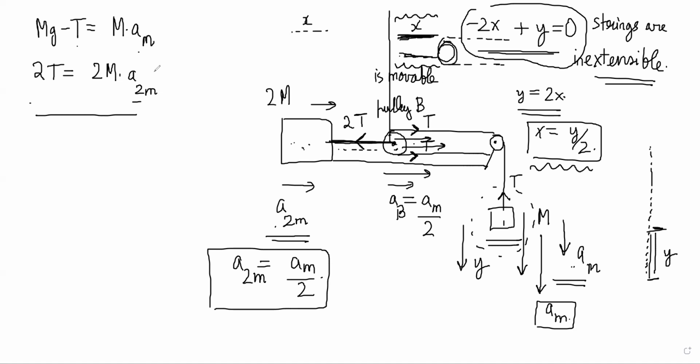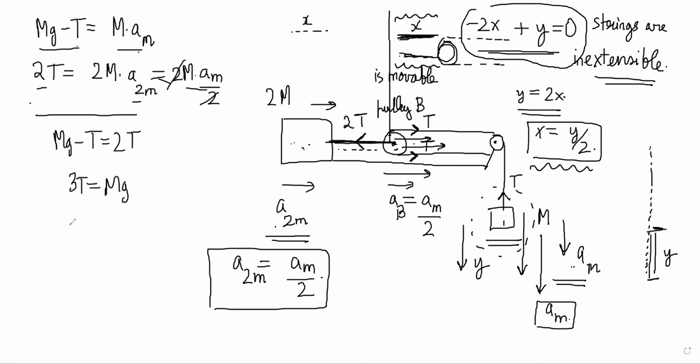And once we have this relation, the equations are now very easy to solve. You can just say that this becomes 2m into a_2m, which you can write as a_M/2. So this becomes m a_M. And basically you're getting 2T equal to m a_M, and mg minus T is also m a_M. So mg minus T is equal to 2T. So 3T is equal to mg, T is equal to mg/3, right?